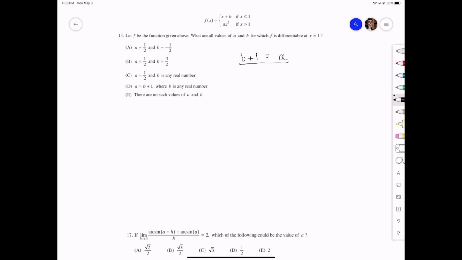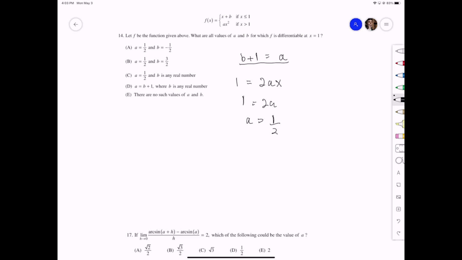So now let's find when it's differentiable. So the derivative from the left has to equal the derivative from the right. So the derivative on the left is 1, and the derivative on the right is 2ax. And when x is equal to 1, that's 2a equals 1. So a has to equal 1/2.